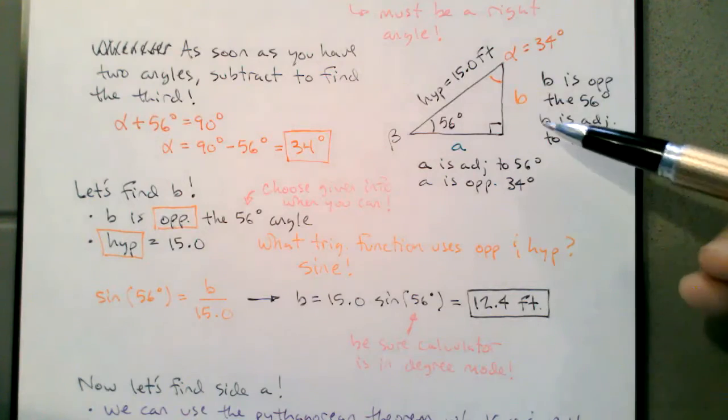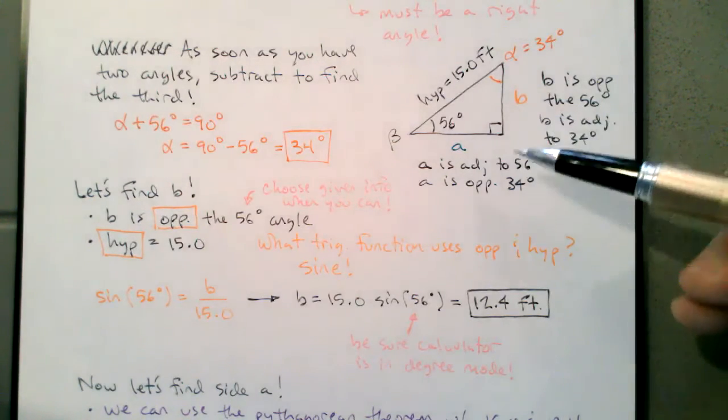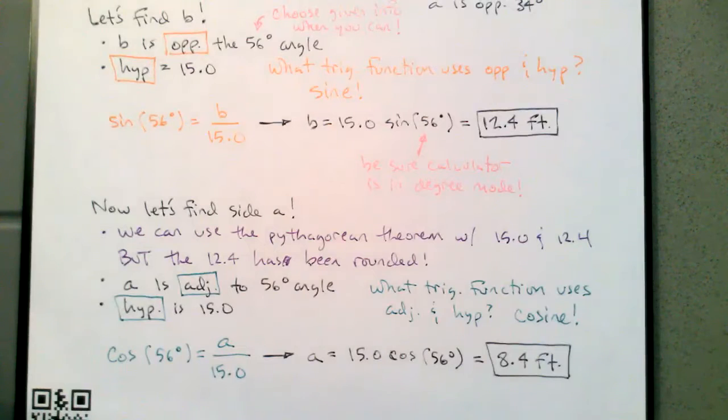And the smallest angle, 34, is opposite the smallest side, 8.4. So at the very least, our calculations pass the reality check. Biggest angle opposite the biggest side. We didn't get any negative sizes for angles. Everything at least seems to have worked.